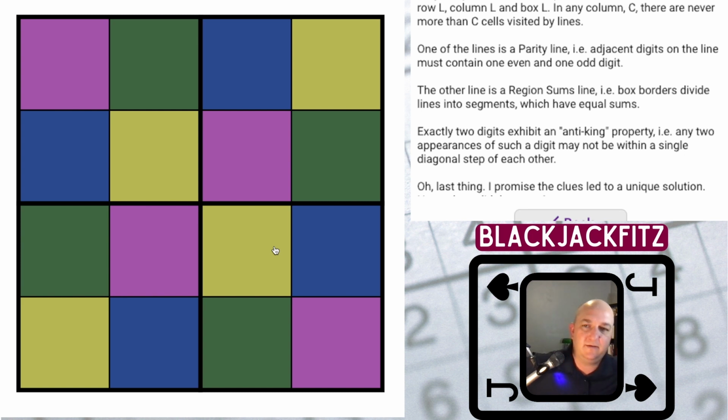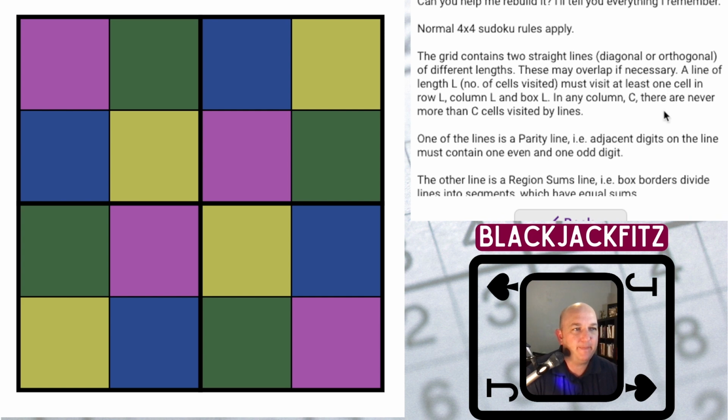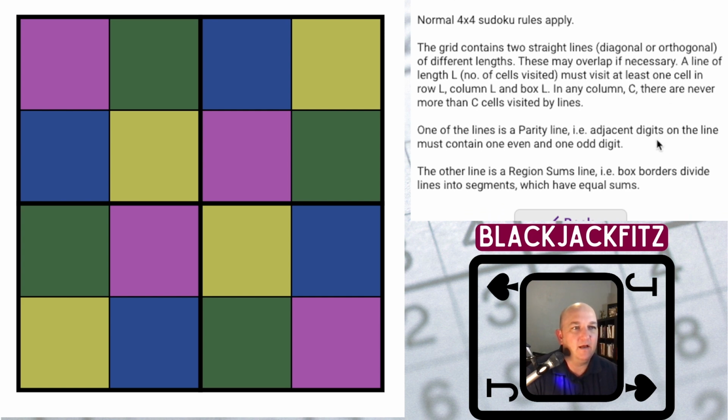Okay. How do we do this? They're different length lines, right? That was part of it. Of different lengths that may overlap.